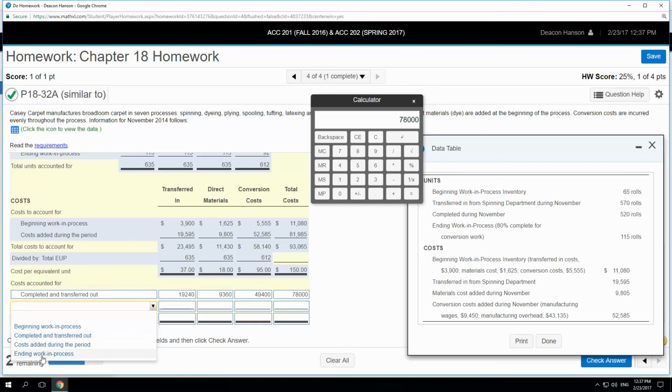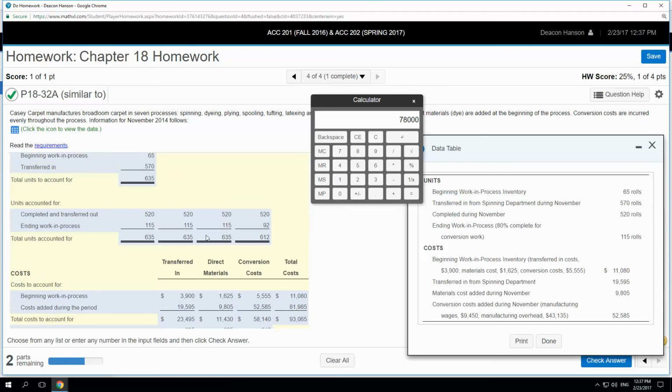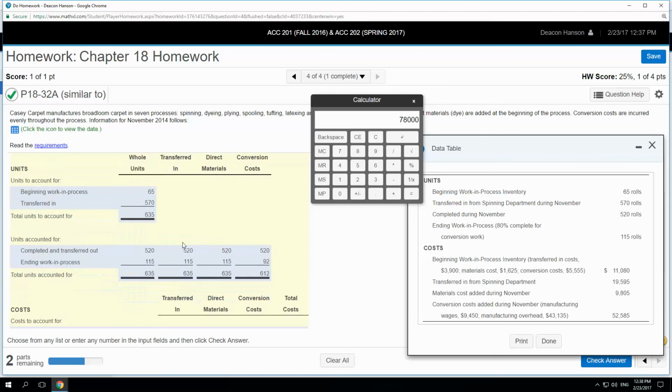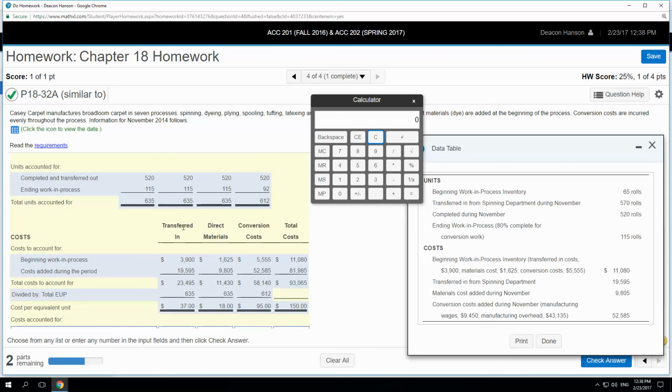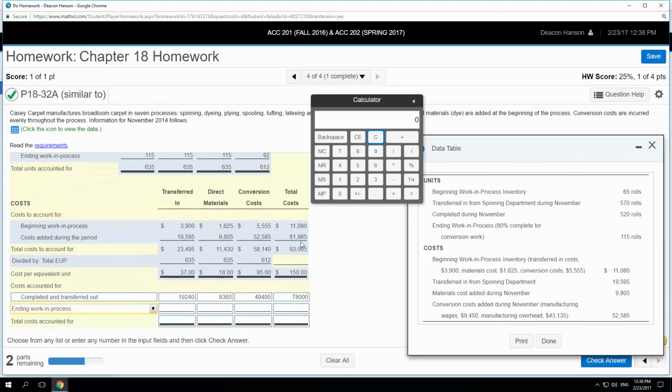Then we have to do, just like we did above, the ending work in process. So if you look up here, ending work in process, there's 115 for transferred in, 115 for direct materials, but there's 92 for conversion costs. So we just have to be careful when we get to conversion costs and use 92. So we'll start with the 115 times 37 for transferred in.